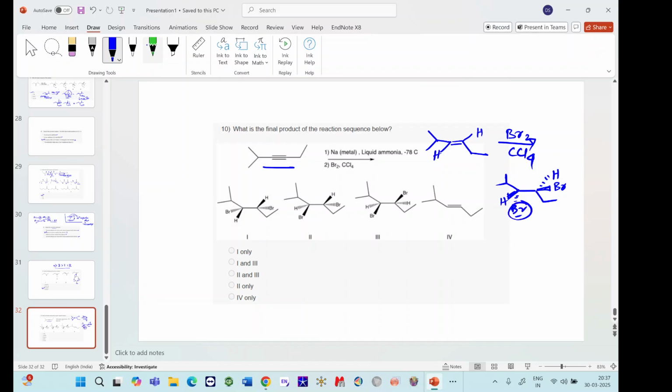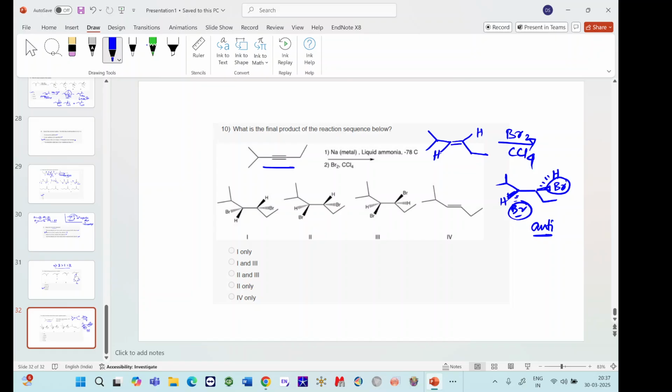These two bromines will be anti to each other. Since it goes through a bromonium intermediate, the reaction has to go through the anti pathway.